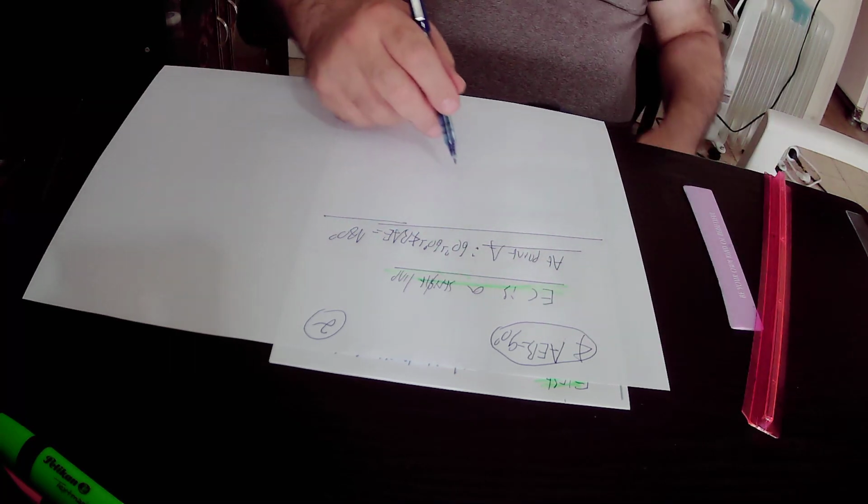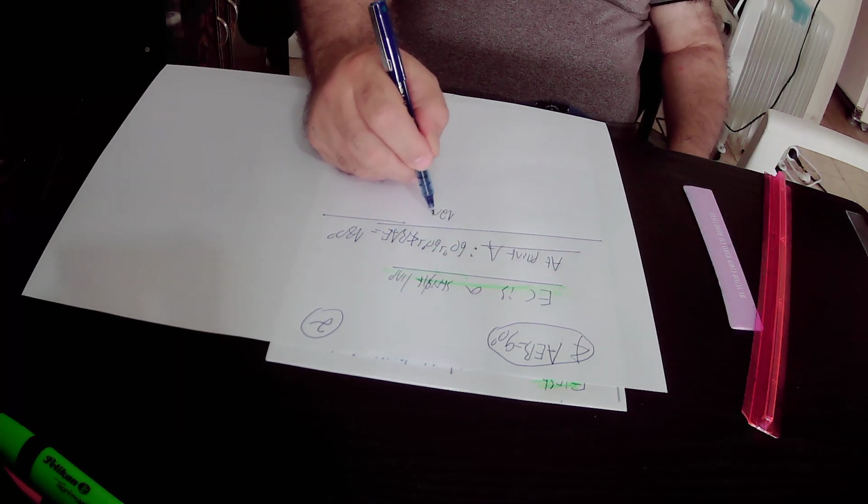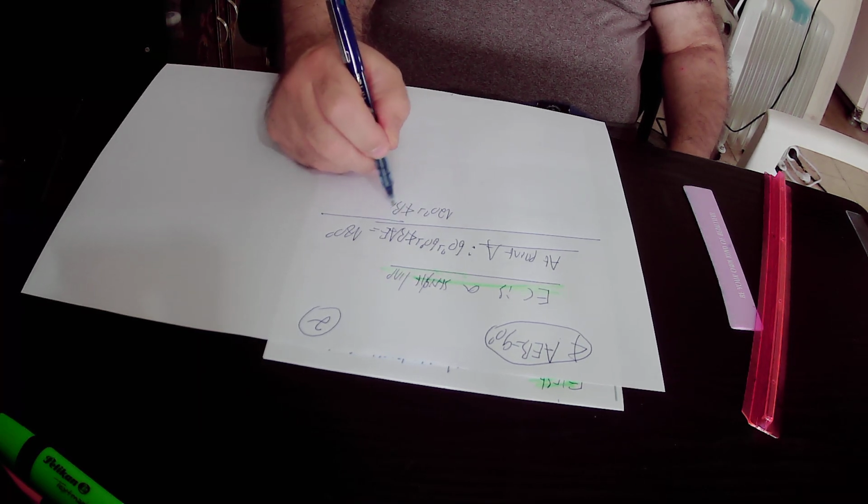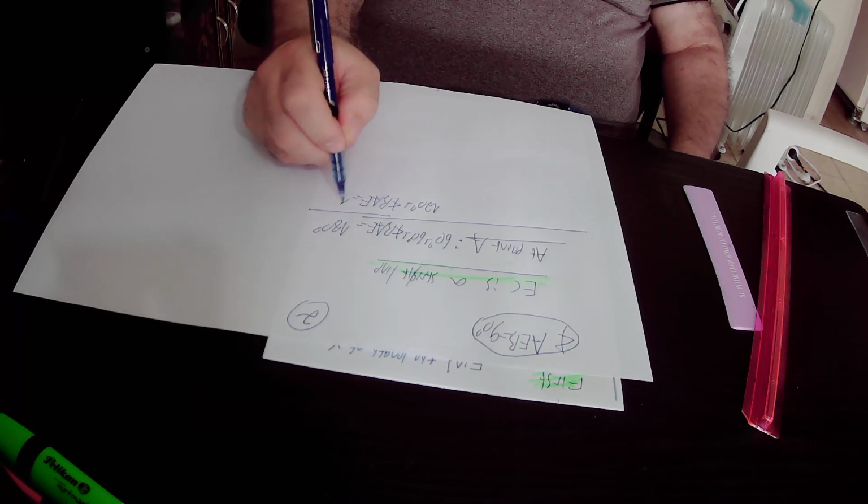60 degrees plus 60 degrees is 120 degrees, plus angle BAE. In total, the sum of those three angles must be equal to 180 degrees.